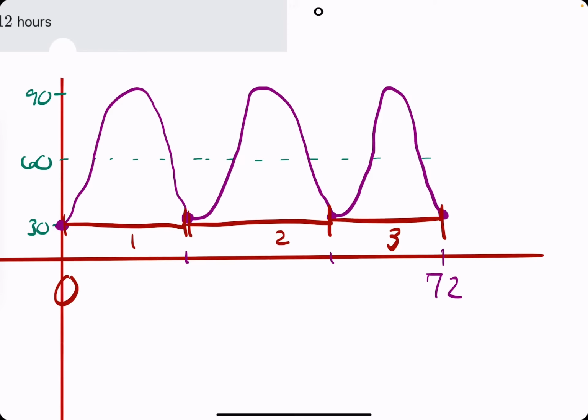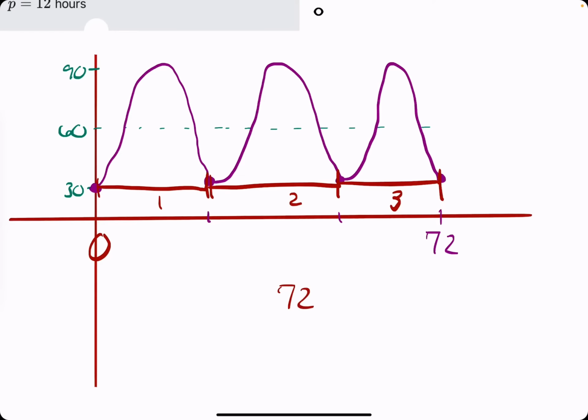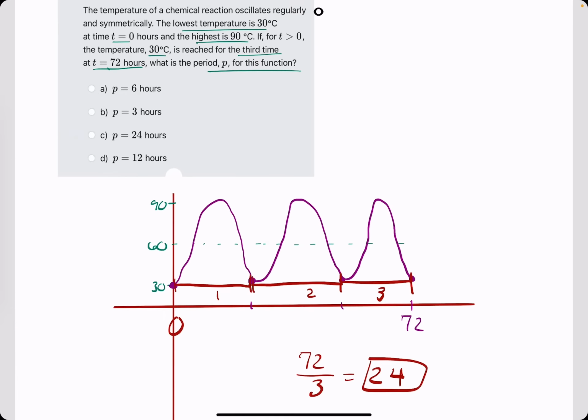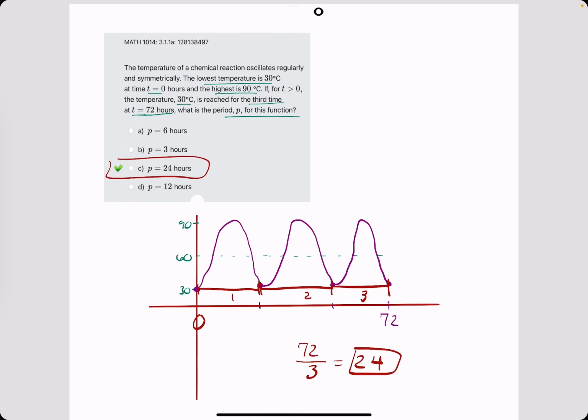So if we take 72 and divide it by 3, we will get the time for one of these periods. 72 divided by 3 is 24. So I'm hoping that that is our period.